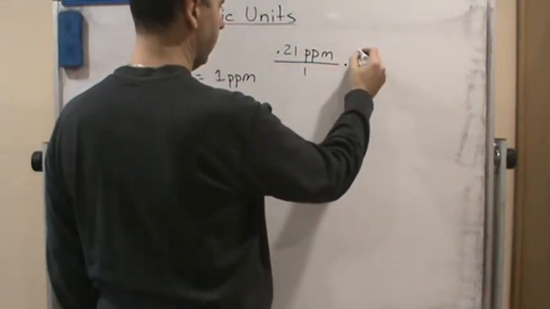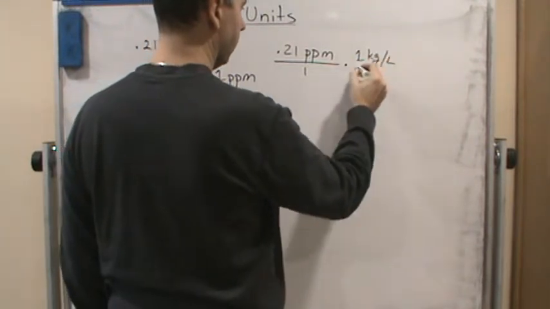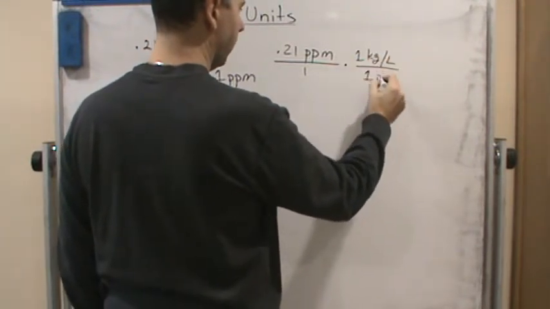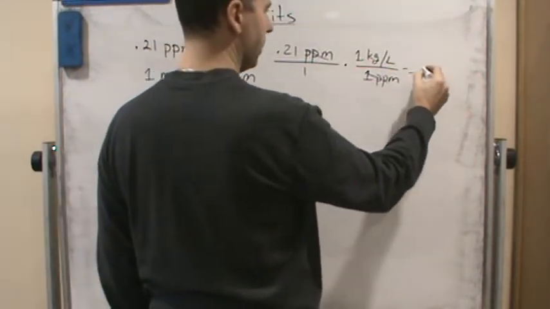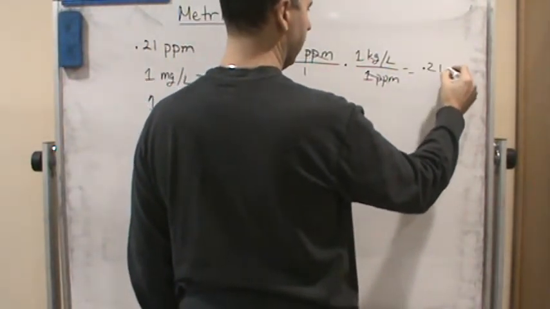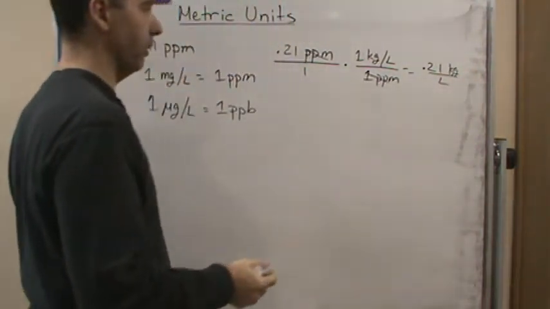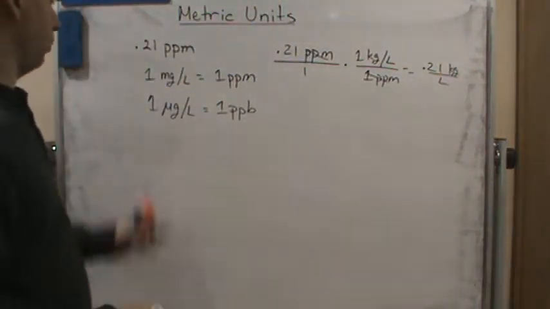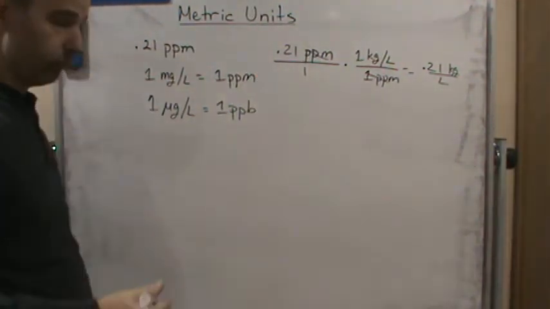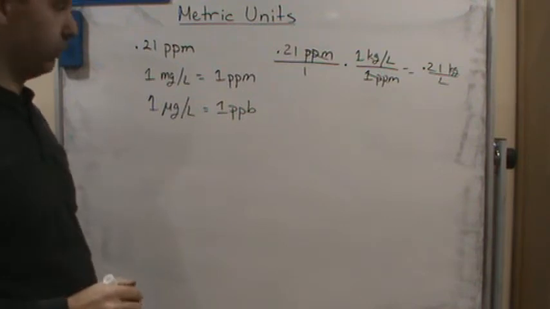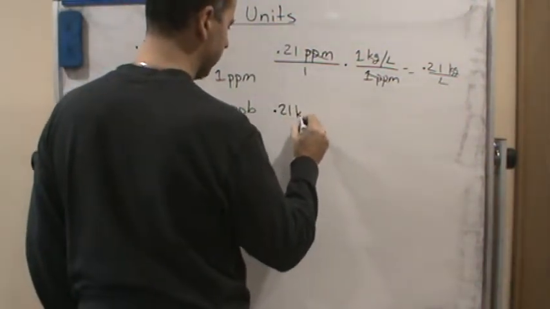So it'll just be 1 milligram per liter for every 1 part per million, right? And so all you're going to end up getting is 0.21 milligrams per liter, and that's fine. But if you recognize it's just 1-to-1, then you can just go straight to 0.21 milligrams per liter. So let's start with 0.21 milligrams per liter.